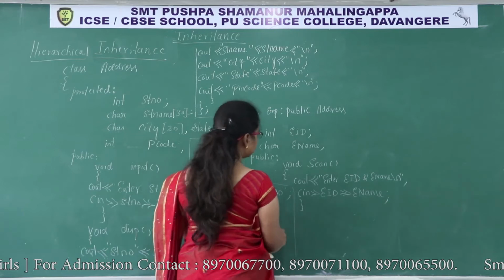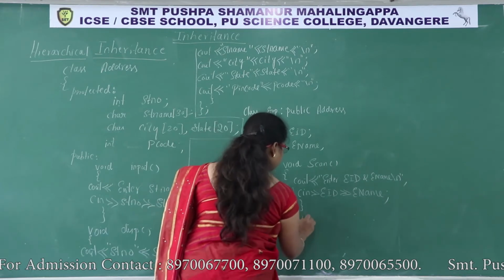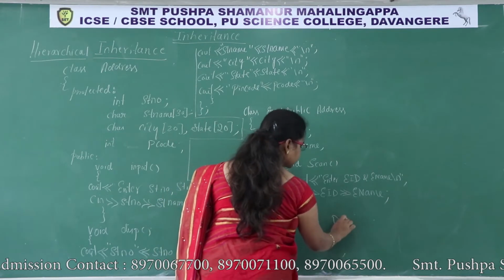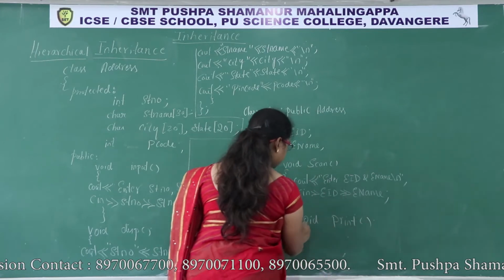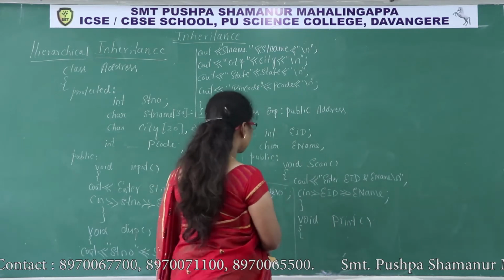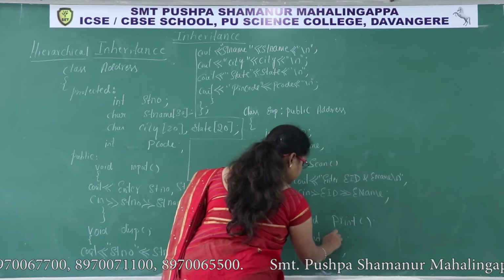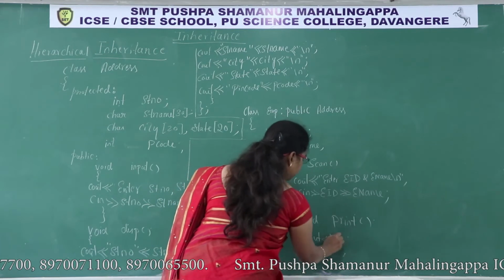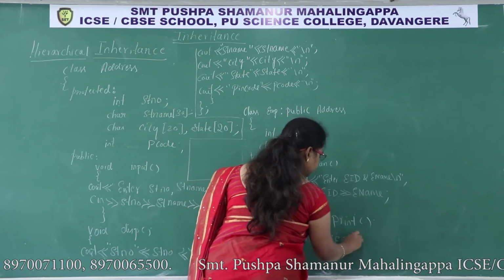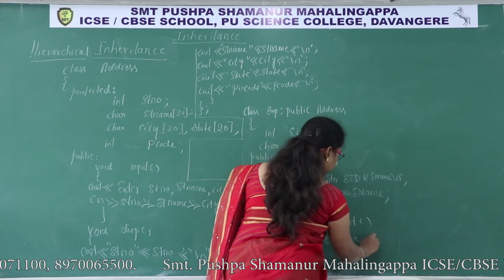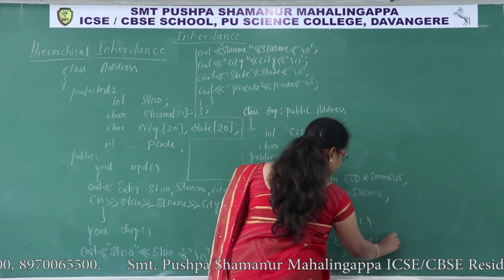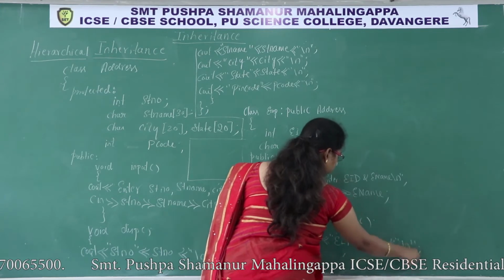Now void print: here cout employee ID, EID. In front of that, EID has to display, \n.